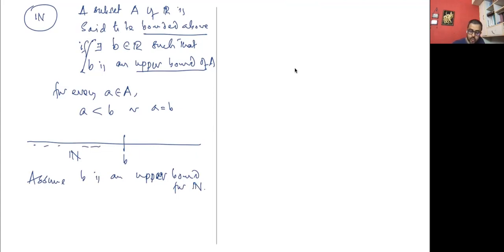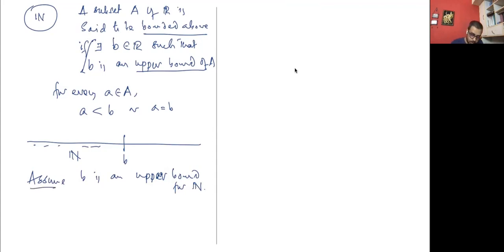Okay. Now you go back to the definition of the set of real numbers that we have taken. The last property that we had listed, the least upper bound property. What does it say? Any non-empty subset of R that has an upper bound has a least upper bound, right? So here you have a non-empty subset.